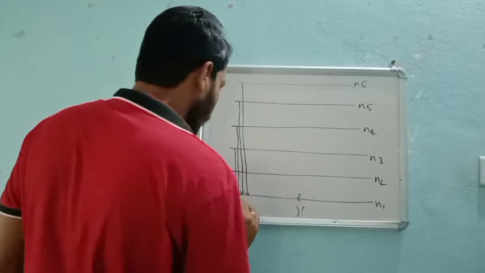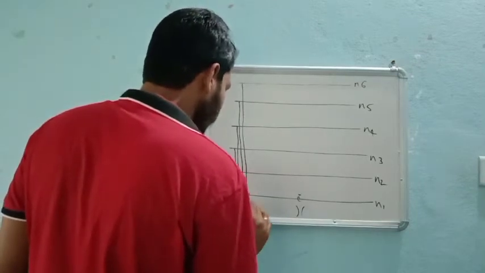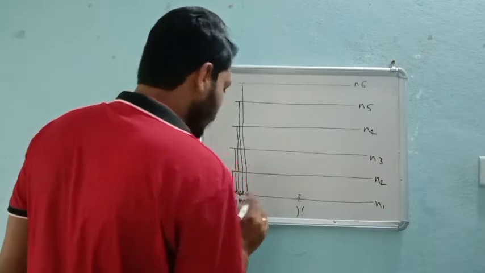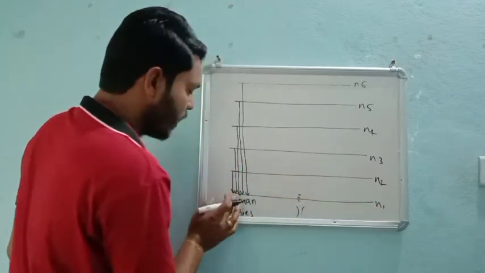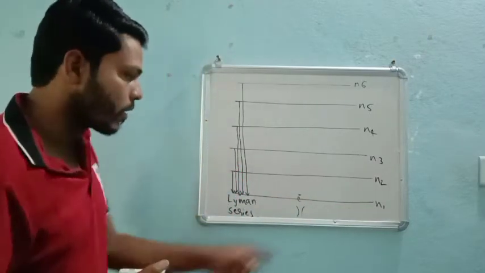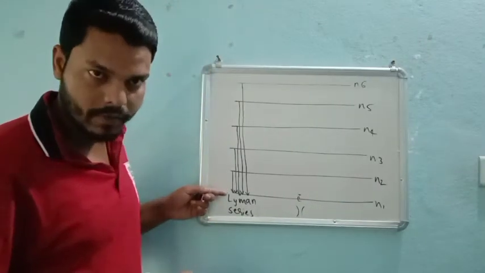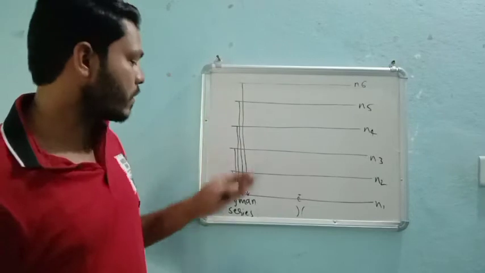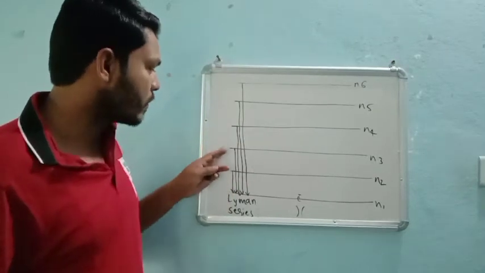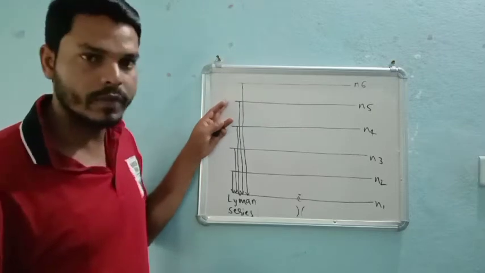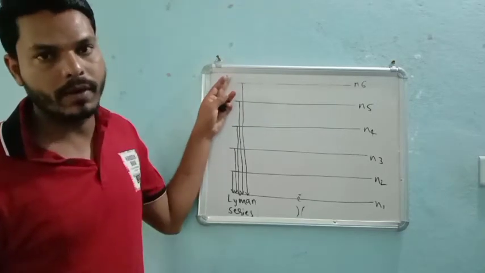This is called the Lyman series. According to Lyman, the ground state of the electron in hydrogen is N equal to first level, and it will jump to the second level, third level, fourth, fifth, or sixth level.